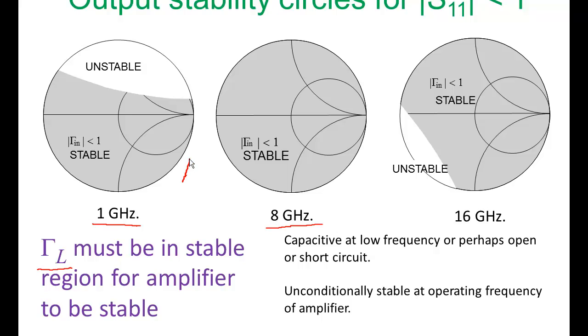We must make sure that gamma L is in the shaded region. So if we chose gamma L to be capacitive at low frequencies, then we would ensure stability. If we chose it to be a short circuit, it would be stable as well. We must approach the short circuit point from the right direction.